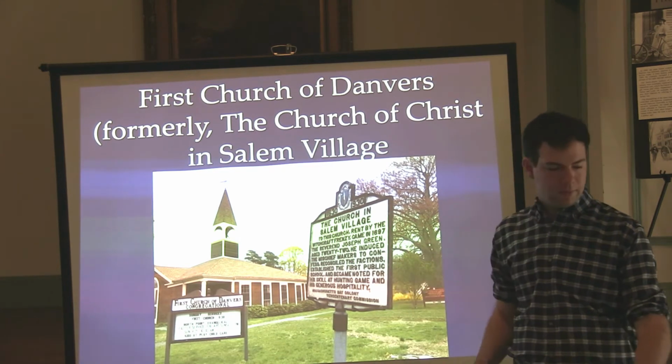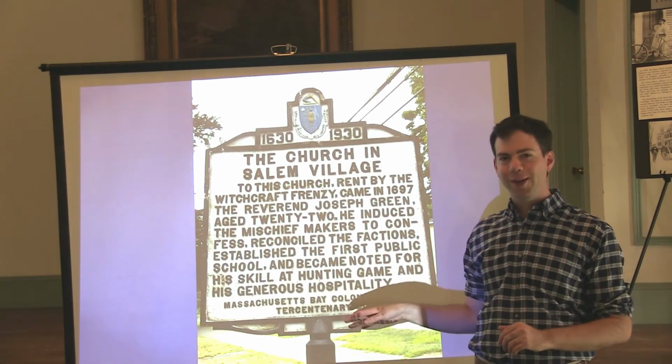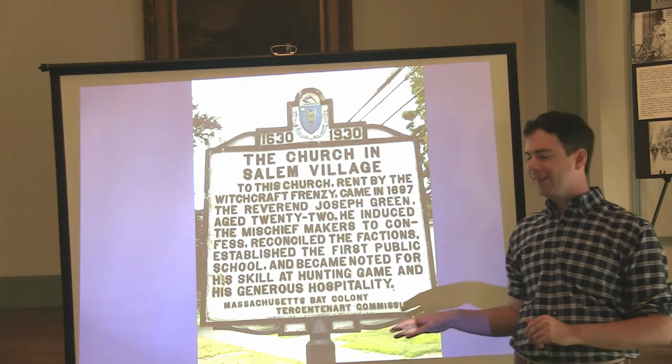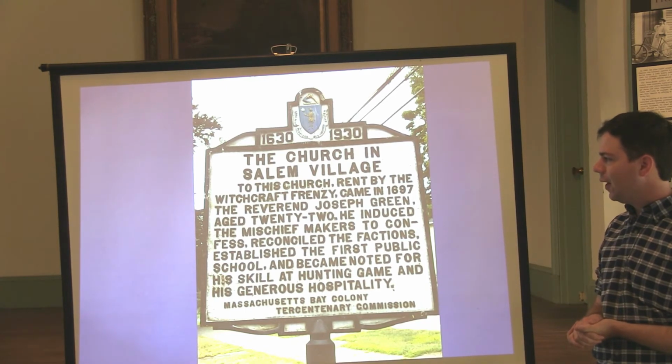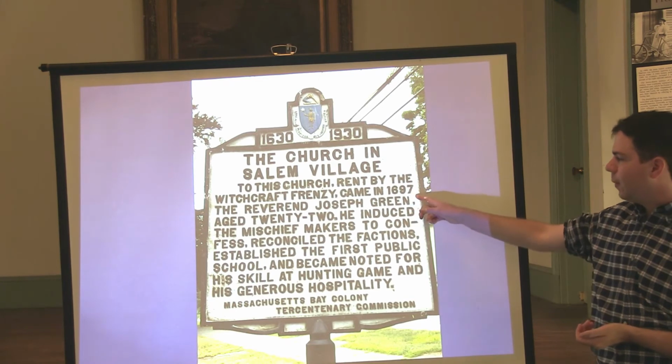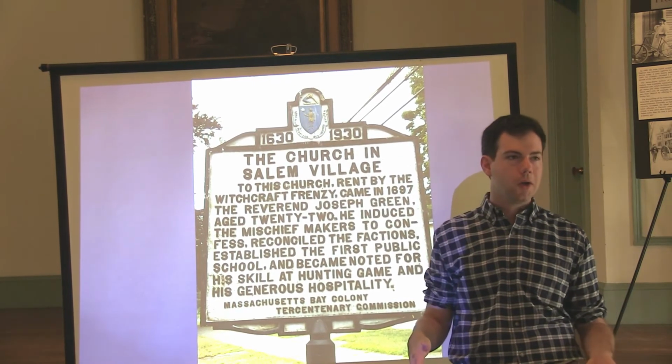And really the sign, if I go back to the text, really focuses on the reconciliation after the witch hunt, and is definitely a more positive spin on it. So in 1697, after Reverend Paris leaves, Joseph Green is the next minister. He's 22, he's young.